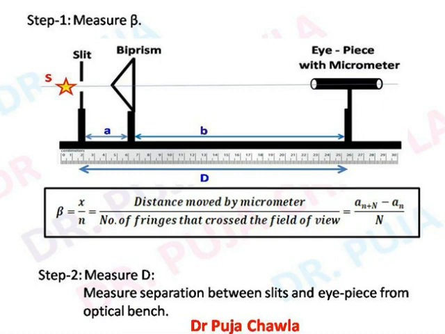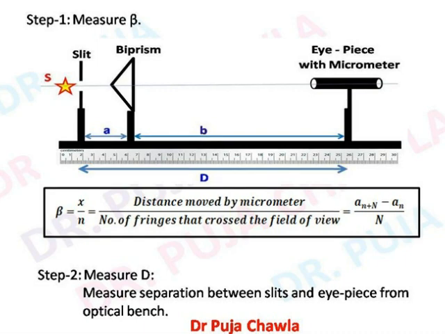How many fringes cross the field of view? 1 to 11 means 10 fringes cross the field of view. That means the distance between the 1st and 11th fringes, A11 minus A1, is the width of 10 fringes. If I divide this width by the number of fringes, that will be the width of one fringe.